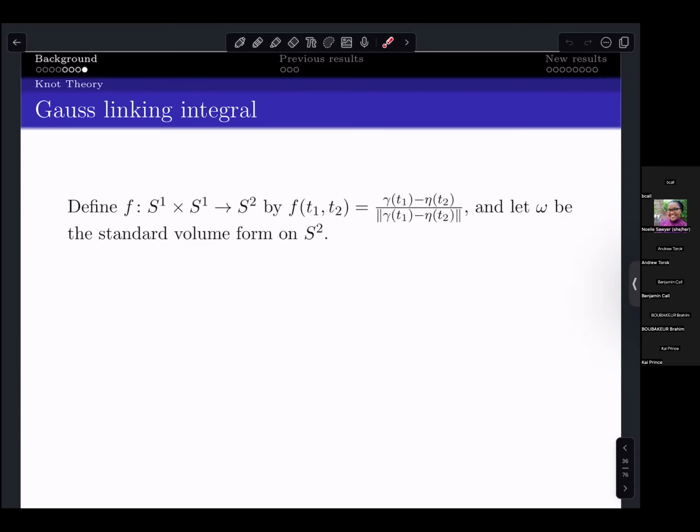The linking number is going to be the degree of this map, how many times this direction wraps around S2. That's why I want omega to be the standard volume form on S2, because that's how you work out the degree. You take the pullback of the volume form, and it turns out that the linking number is equal to that.